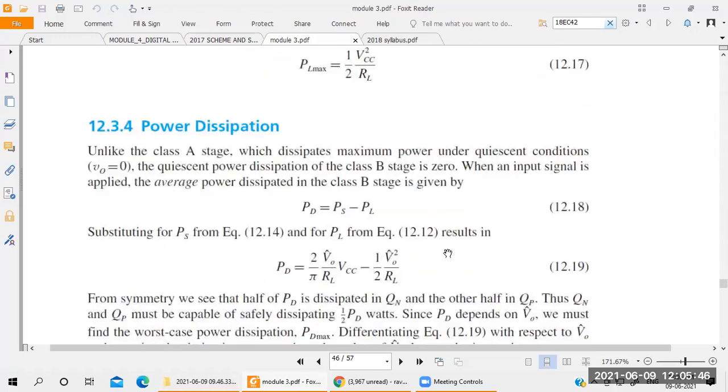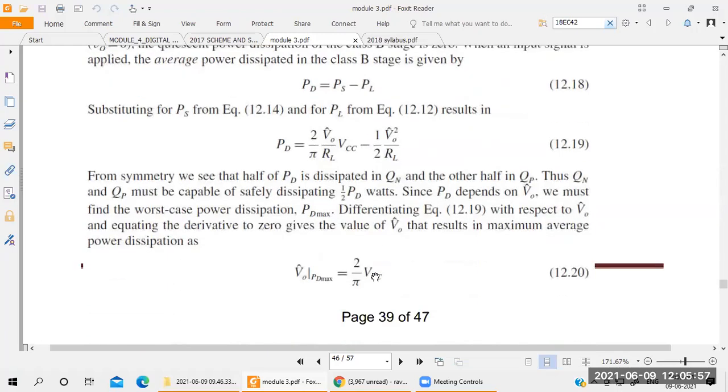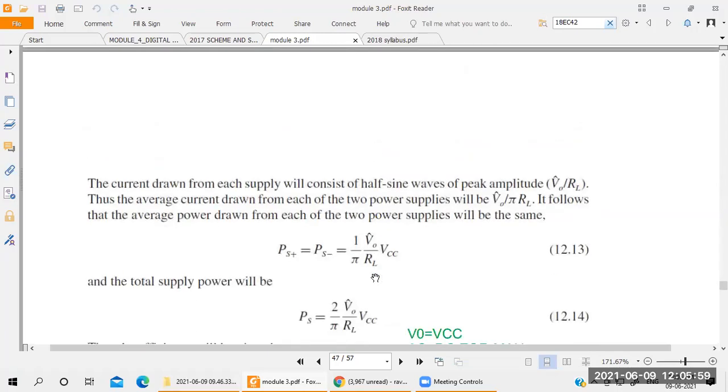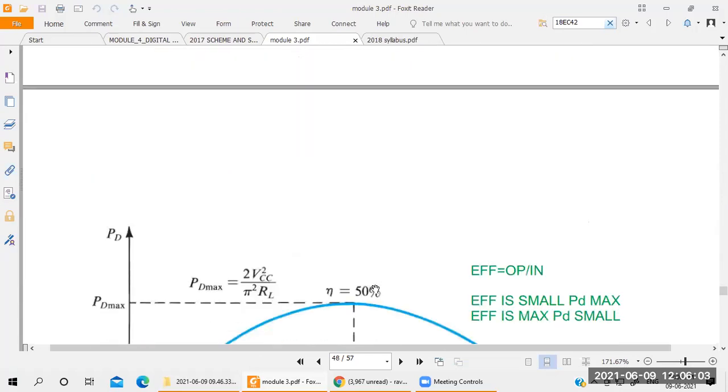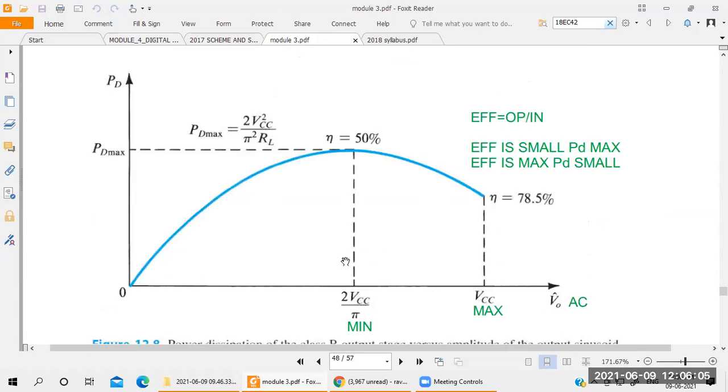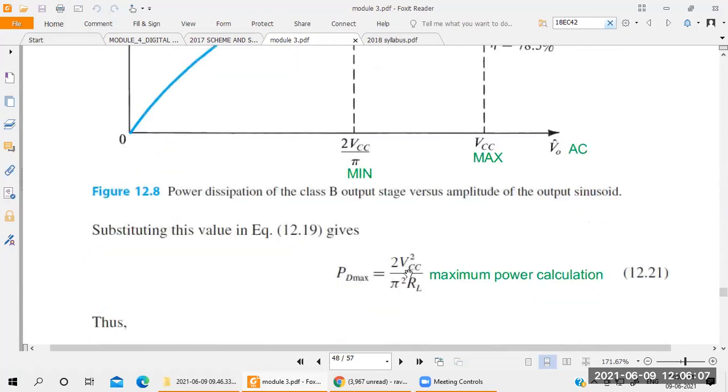Understood? After that, you take power dissipation. Power dissipation means power consumption. You take the difference between input power and output power, then simplify. Then what will we get? The power dissipation equation: 2 VCC square divided by pi square into RL.